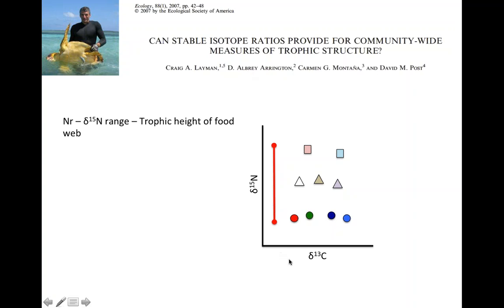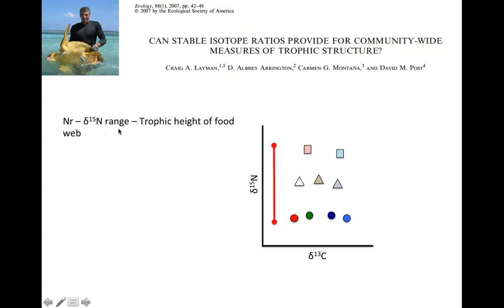This is our typical food web, carbon 13, nitrogen 15, and different consumers, maybe even primary producers, some consumers and some predators higher up. So how can we put a measure on this food web? So he developed these different metrics that you can use to numerically characterize a food web.